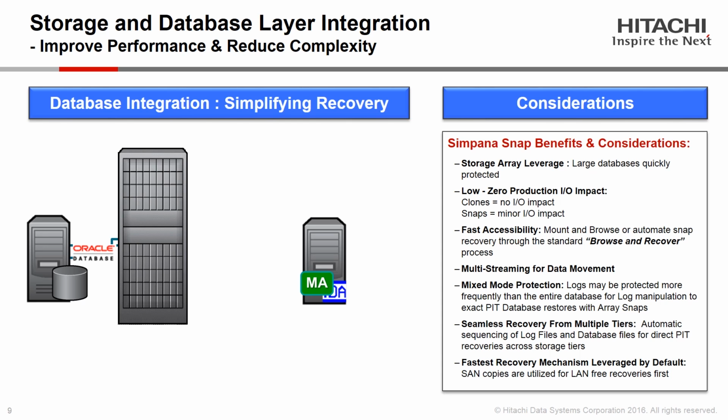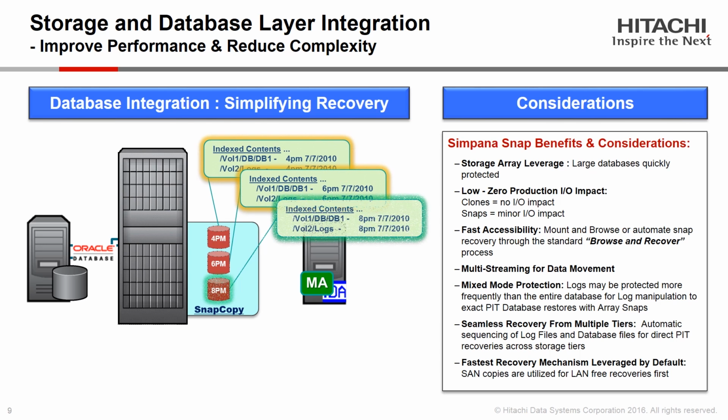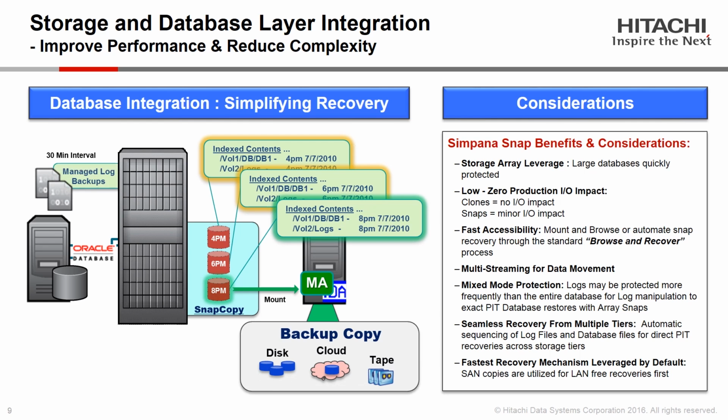Storage array leverage. Large databases are quickly protected. Low to zero protection I/O impact: clone equals no I/O impact, while snaps equals minor I/O impact. Fast accessibility. Mount and browse or automate snap recovery through the standard browse and recover process. Multi-streaming for data movement. Mixed mode protection.